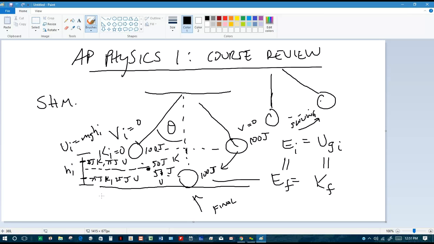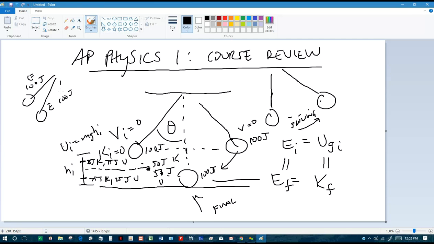That's the important point, is that if the initial potential energy is 100 and there were truly no air resistance forces or frictional forces, nothing to remove energy from the system, then at any point along that path, that object's total energy would always be 100 joules if it started at the top with 100 joules. So if it started up here with 100 joules of total energy, when it's here, E is still 100 joules.